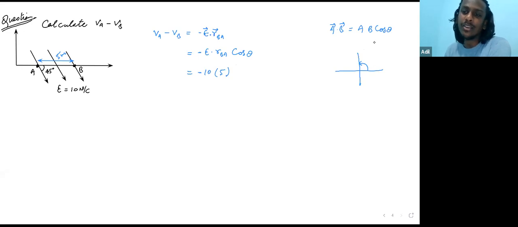What is the rule of measurement of angle? The angle measurement rule is always anti-clockwise. Are you clear?